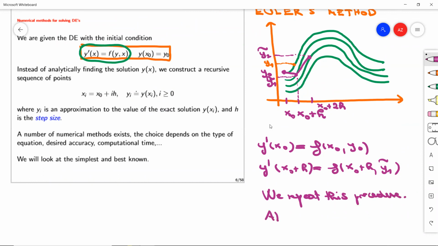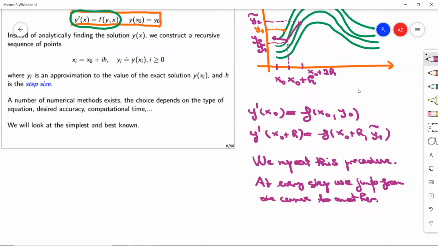And at every step, we jump from one curve to another. So at every step we do some mistake, some error.